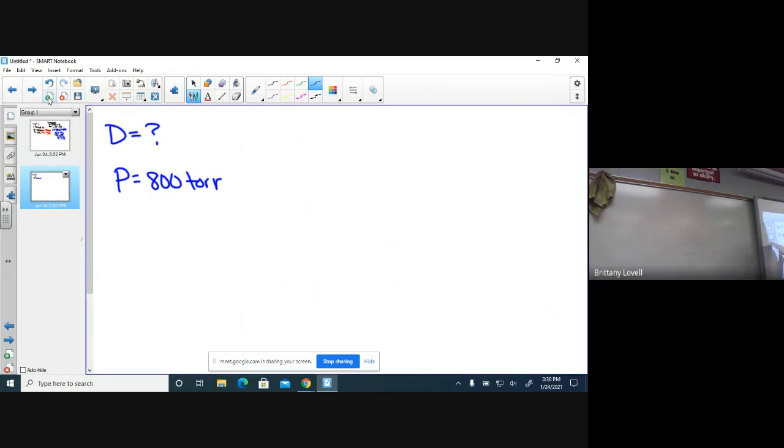And we also know that the temperature here is 25 degrees Celsius. That's about all the numbers that they give us. And just in case I need to know anything about it, I know I'm working with ammonia, NH3.